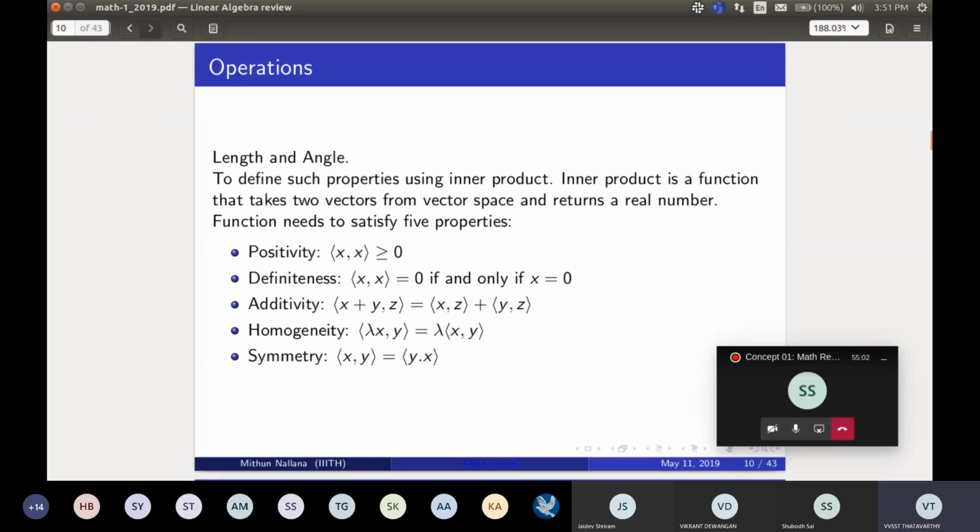So these are the 5 properties that it will be satisfying in general: the homogeneity and the symmetry of the inner product. It says that you take the element-wise product and then sum that up. And you can see that it returns a real number.